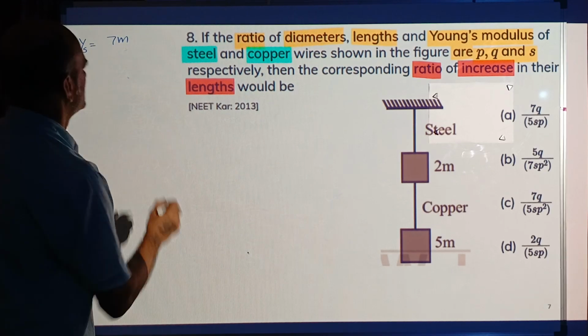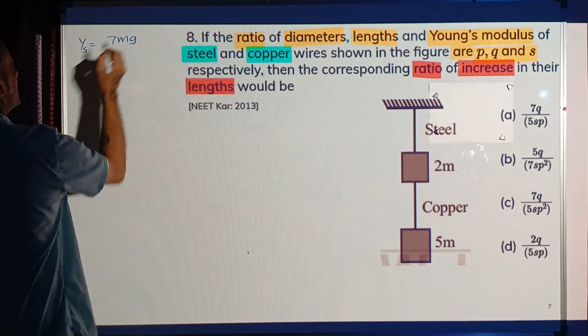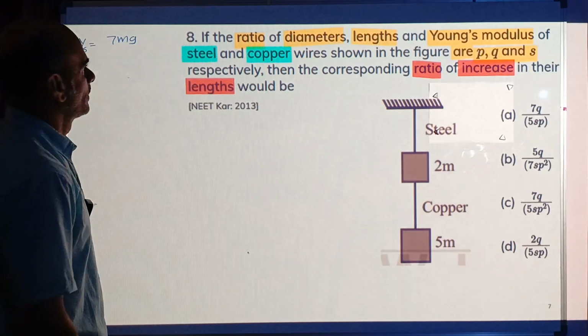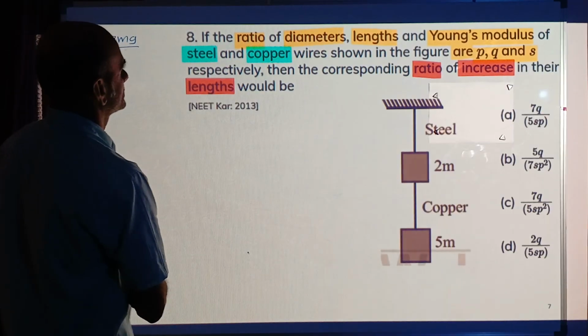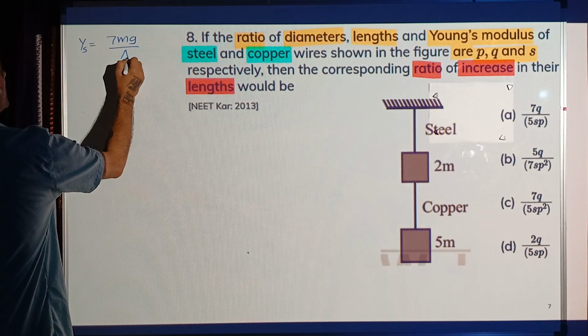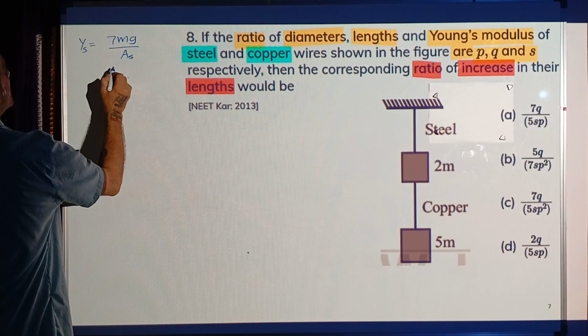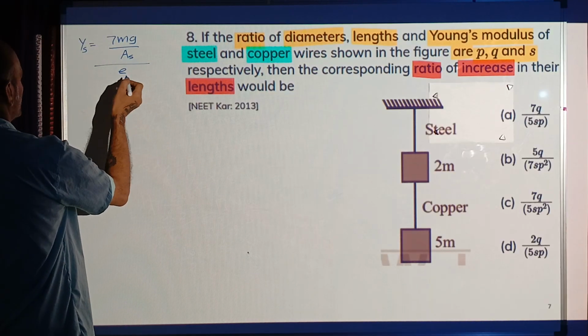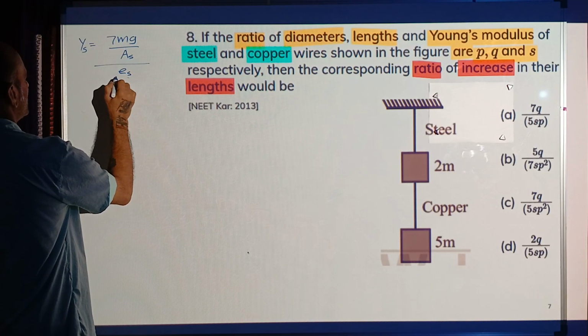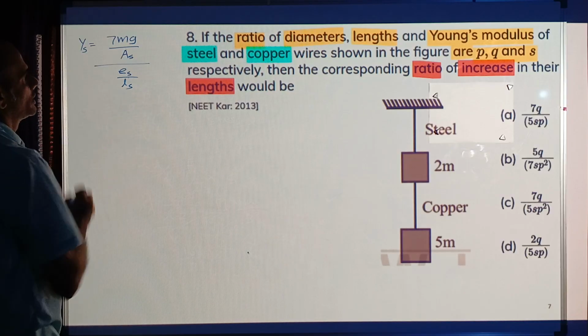If that is the mass, then the weight is mg. That is the force divided by the cross-section area of the steel wire, divided by strain, which is elongation, ΔL, I can call it E also, divided by the length of the steel wire.